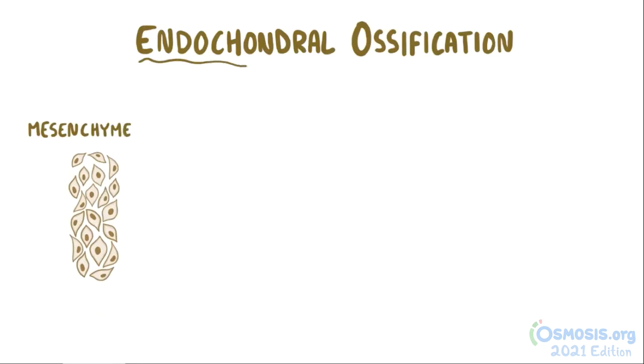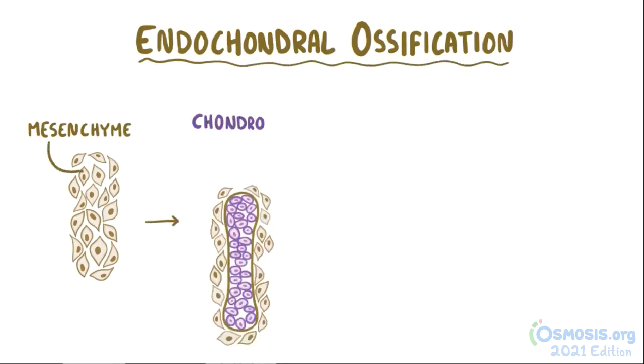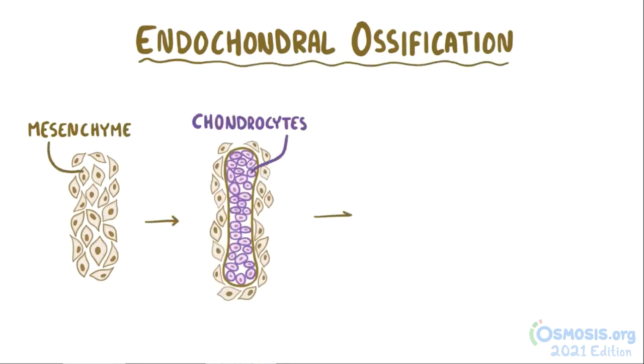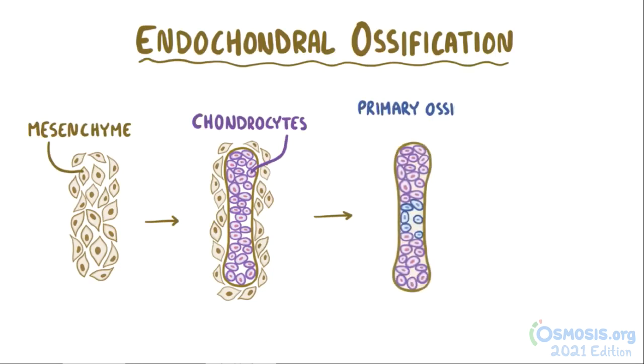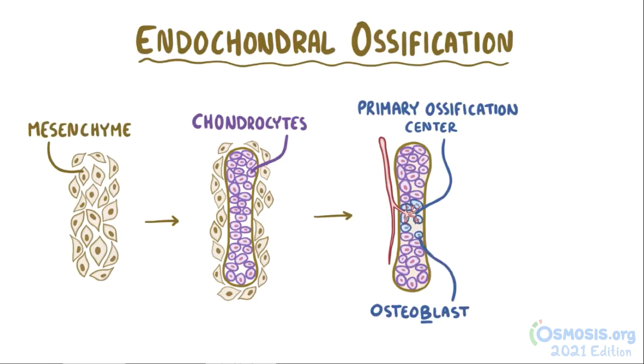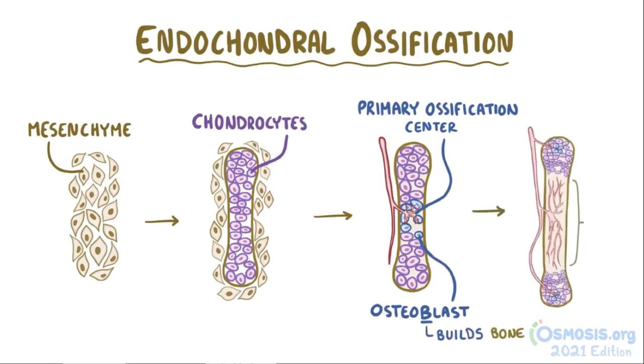First, there's endochondral ossification, where mesenchymal cells first differentiate into chondrocytes that build a hyaline cartilage model, which then turns into bone. When that happens, the center of this cartilage model is the primary ossification center, and blood vessels enter it, bringing nutrients and osteoblast cells which help bone form, B for build, as well as osteoclast cells that collapse bone, C for collapse.